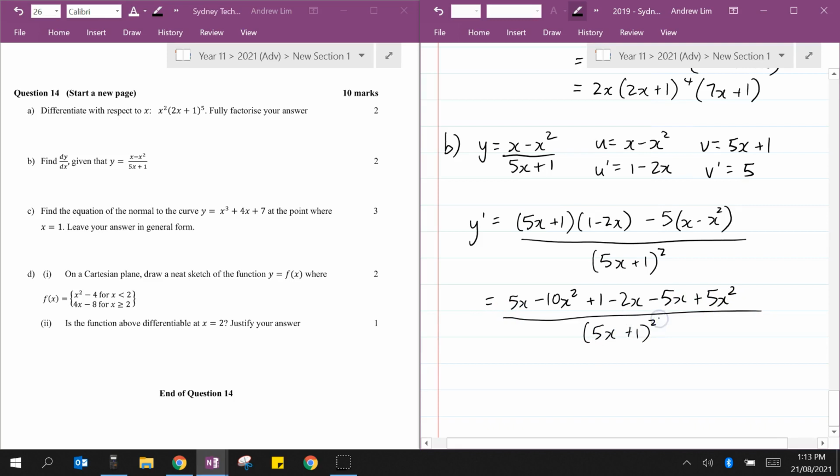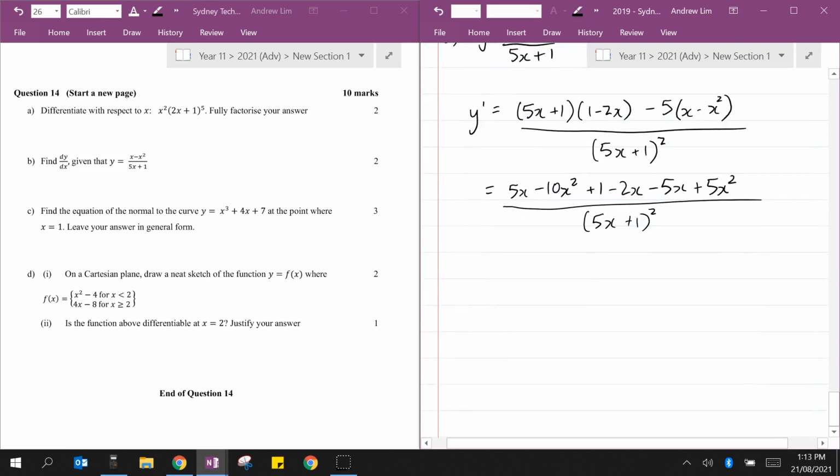Remember, we don't ever need to expand the denominator. Just leave it factorized. Right, so this leaves us with minus 5x squared. Okay, those cancel. Left with minus 2x plus 1, all over 5x plus 1 all squared. I'll probably make that my final answer.